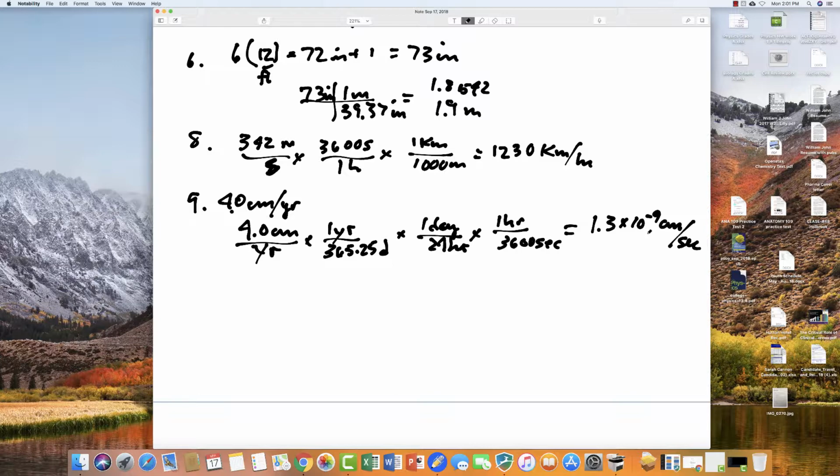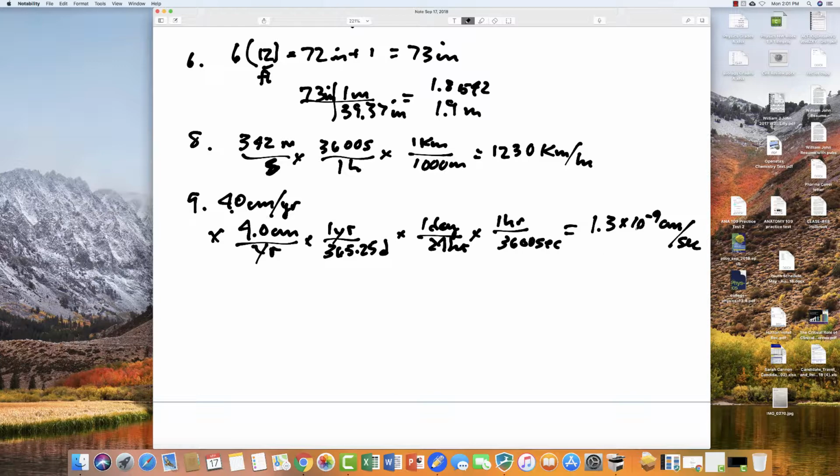Now I got 1.3 times 10 to the minus 7, so you might want to go through your calculator and see what you get, because sometimes they do make mistakes in the book. But the book's answer is 1.3 times 10 to the minus 9, and my answer is 1.3 times 10 to the minus 7. Actually, the reason we got different answers is I forgot to convert centimeters to meters here, because they wanted the answer in meters per second.